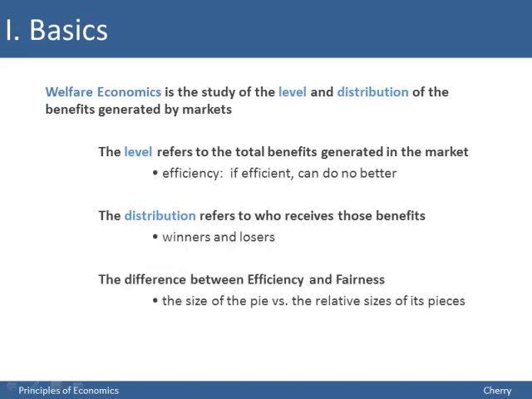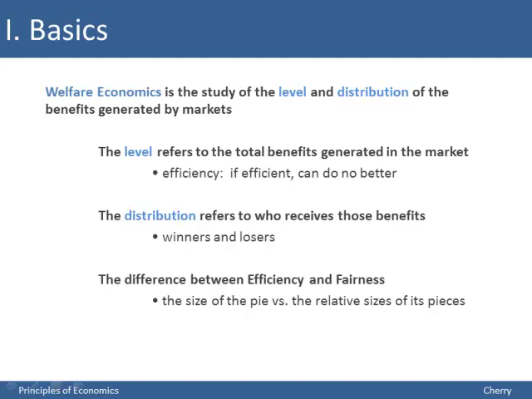The difference between efficiency and fairness is important to keep in mind, because economics primarily focuses on efficiency, because that's an easier and more objective concept to measure. Fairness is a tricky concept, because if you ask 100 people what's fair, you might get 100 different answers. Now, that's not to say that fairness and distributional issues are not important.